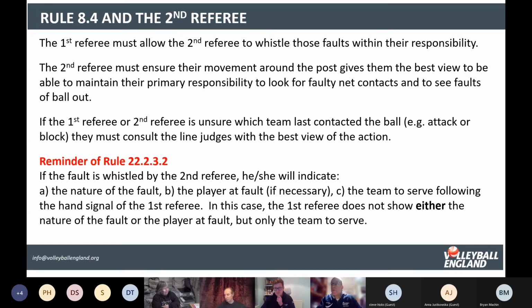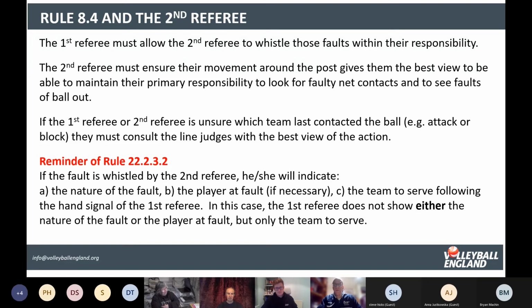And it's always a note that goes down on evaluations at international level that says referee must be in the best optical position to see. What they mean is that your position around the post must be so that you can see the net contact faults, which is your primary responsibility, but also see the faults of ball out or blocking faults around the antenna, and be able to get those faults correct.